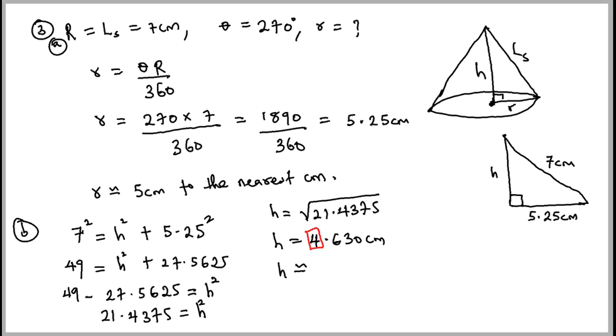So I can take 1 from 6 and add to 4, giving us 5 centimeters. So the perpendicular height of this cone is 5 centimeters when rounded off to the nearest centimeters.